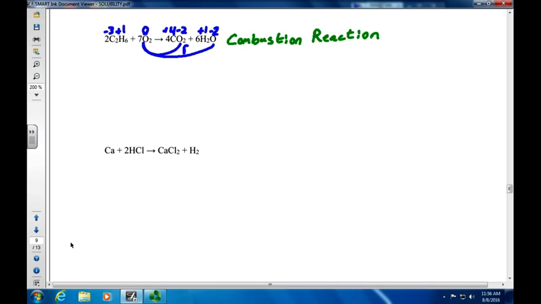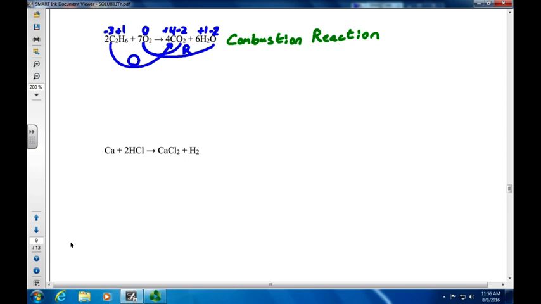So it is most definitely being reduced. Other species involved are hydrogen, but hydrogen is a +1 on both sides, so it's not doing anything. It's neither being oxidized nor being reduced. However, our carbon is jumping from a -3 to a +4, which means that it is definitely oxidizing.